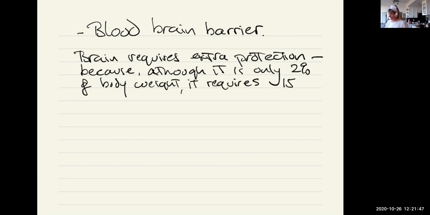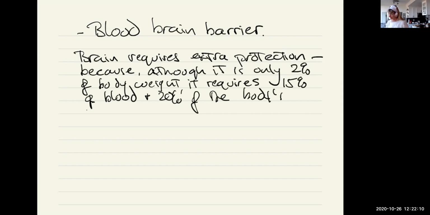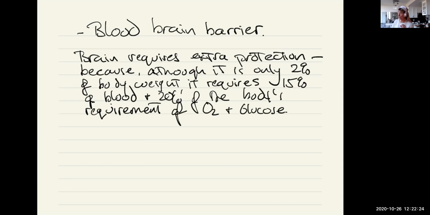Let's see, 15% of blood and 20% of the body's requirement of oxygen and glucose. We said before that neurons are extremely metabolically demanding.